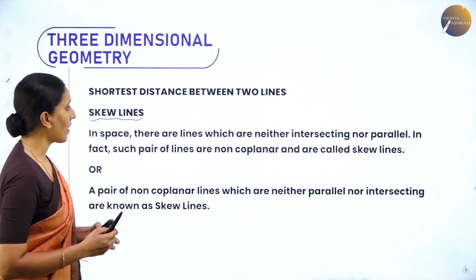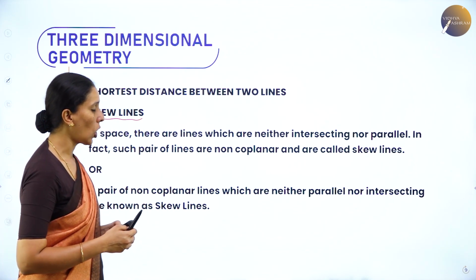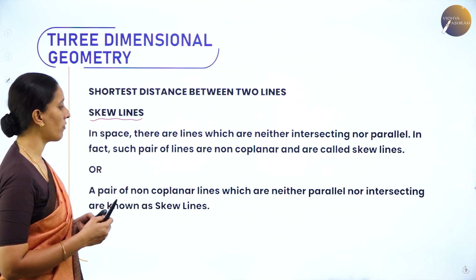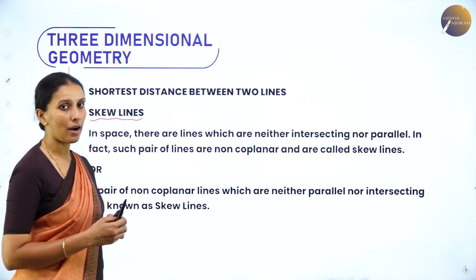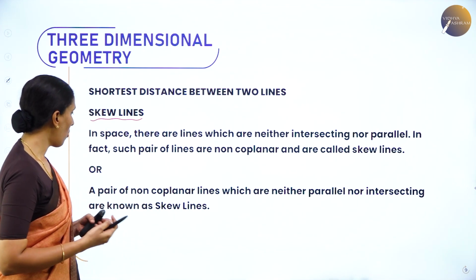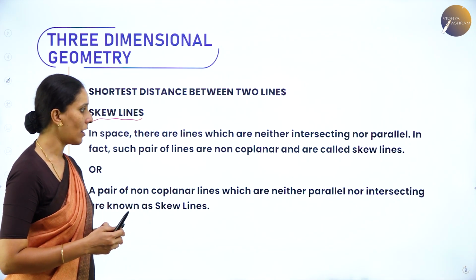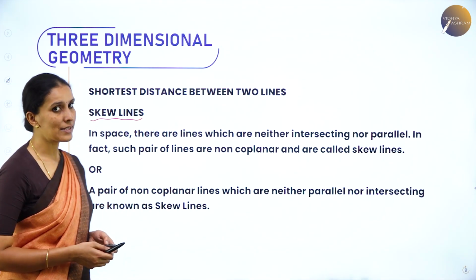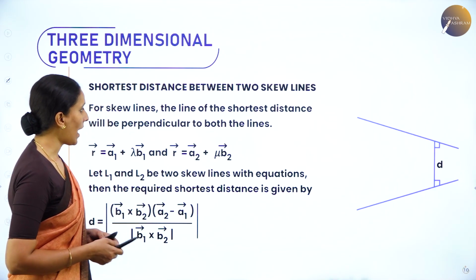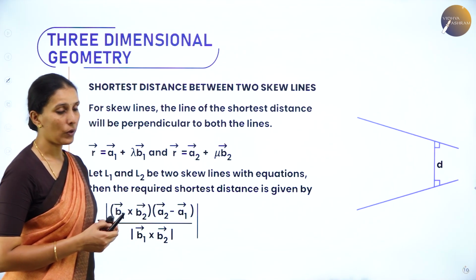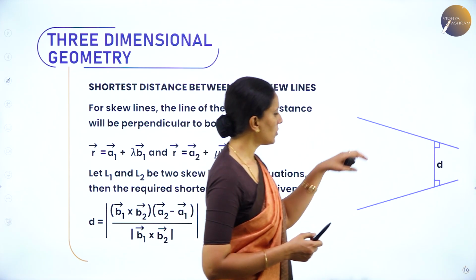In space, there are lines which are neither intersecting nor parallel. In fact, such pairs of lines are non-coplanar and called skew lines. Or we can also say a pair of non-coplanar lines which are neither parallel nor intersecting are known as skew lines. Now, to calculate the distance between skew lines, let us assume two lines.